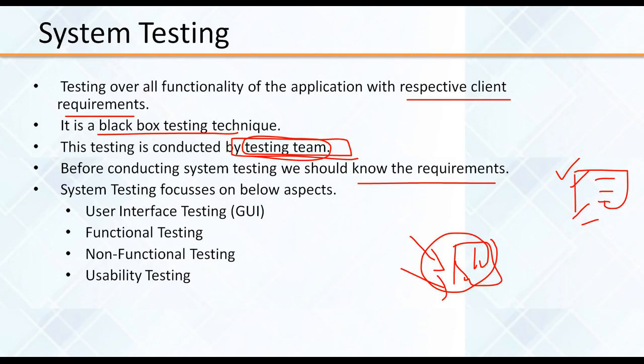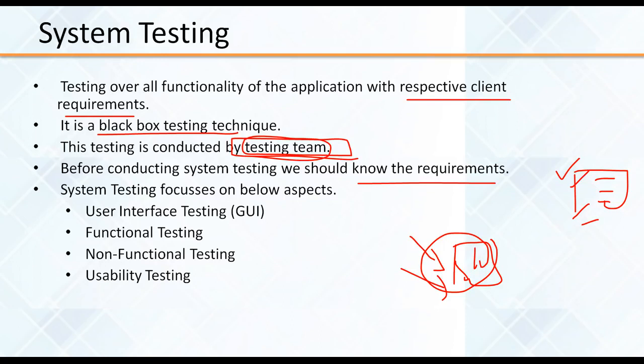So before testing the software, we need to know the requirement: what the functionalities are, how the flows will be, what the UI is, what the different elements or objects present on the screen are, what the navigations are. All these things we should be aware of before conducting the testing. And all these things are available in the requirement specification document, right?